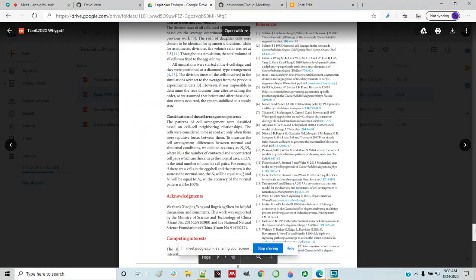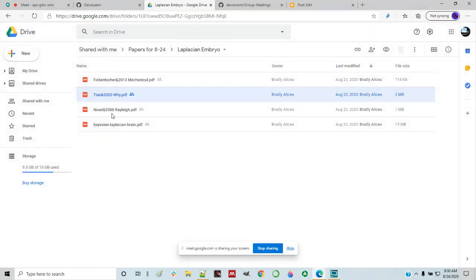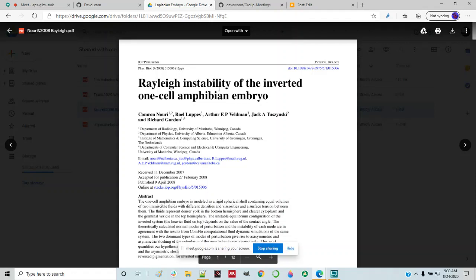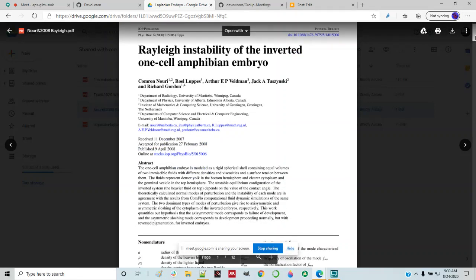So that's that paper. And then the third paper is this Nouri and Rowley paper, on Rowley instability of the inverted one-cell amphibian embryo. This is another physical biology paper.